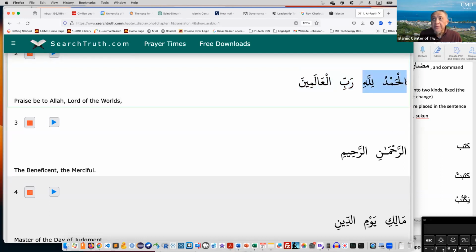Allah possesses hamd. In other words, the hamd belongs to Allah. Allah possesses it. And that's why this is a jar. See that? It's a kasra. Allah possesses what? Compassion. Allah possesses what? Love. So Alhamdulillah Rabbil Alameen Ar-Rahmanir Rahim.